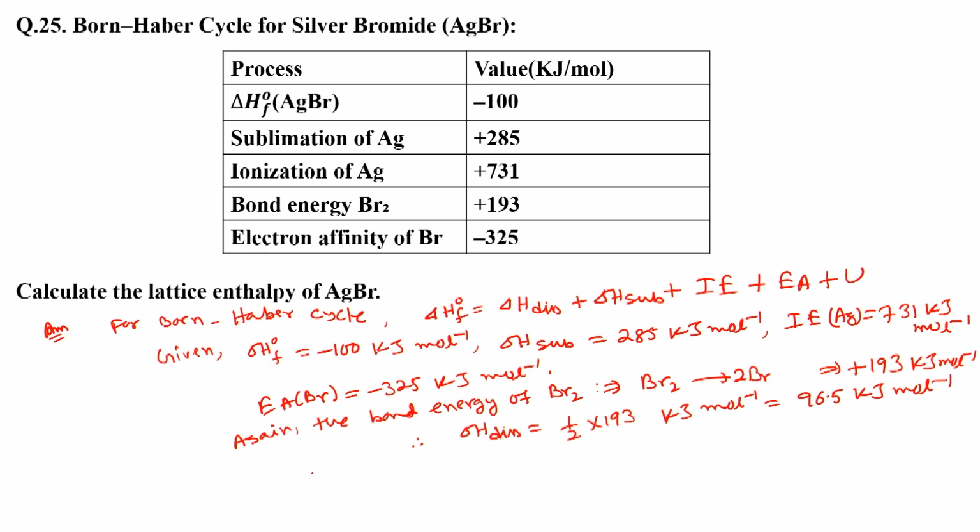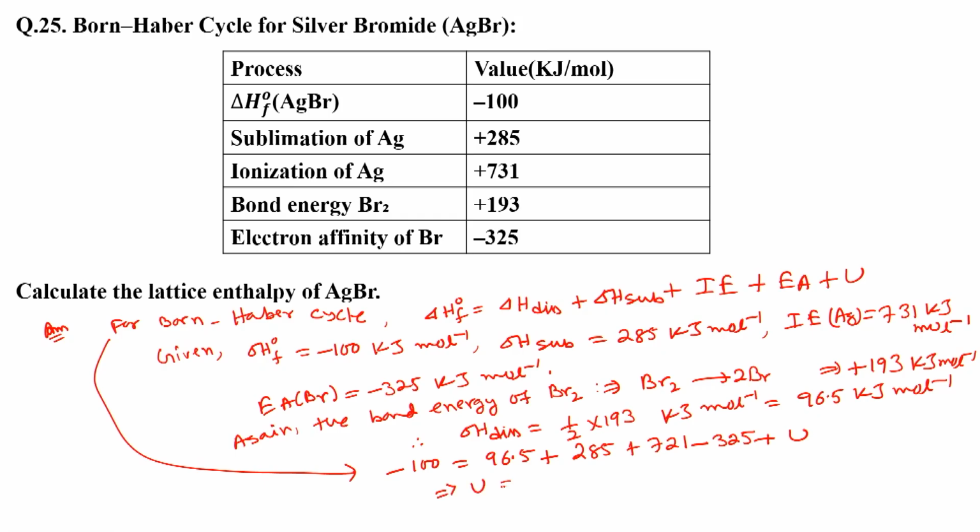So using Born-Haber cycle, we can write minus 100 is 96.5 plus 285 plus 731 minus 325 plus U. So the value of U will be minus 100 minus 96.5 minus 285 minus 731 plus 325 kilojoule per mole.